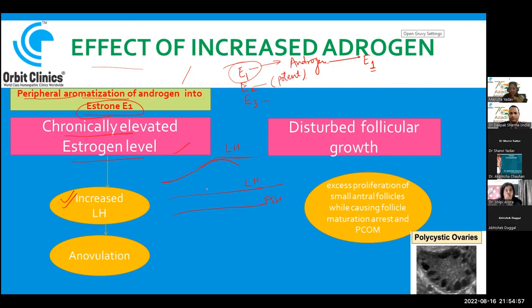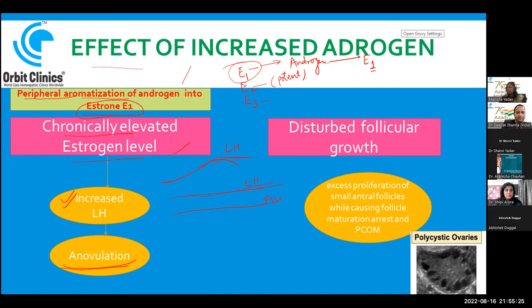It should be a higher level from the baseline level. Whatever the baseline LH level is, if it suddenly increases, that is called an LH surge, and this surge will lead to ovulation. Here, because of this increased level of LH and no surge, there is no ovulation. So the condition developed is anovulation.